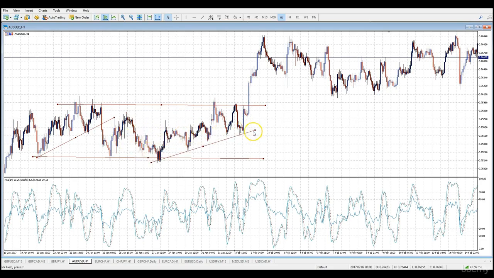So the rising channel would look something like this. So it's trading within this channel here, or you have the declining channel as I outlined before, which was this. So this is the declining channel.